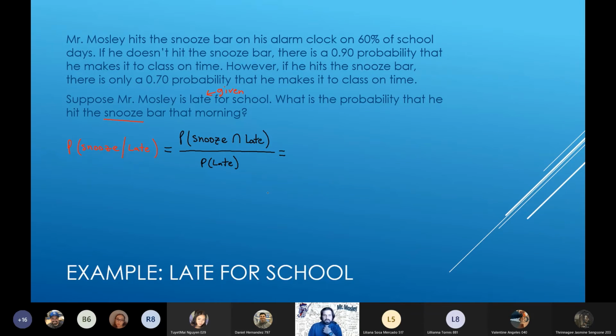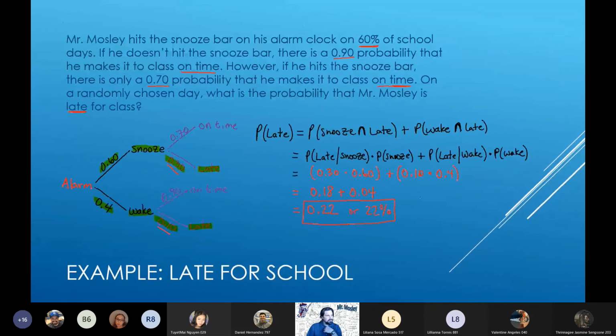Well, now we're in a good spot. We just solved the probability of being late at 0.22. The probability of hitting snooze and being late, we also have, right? If we go backwards, we have that right here, snooze and late, right? That's one we need. That's this number, 0.18. We actually already found that one.